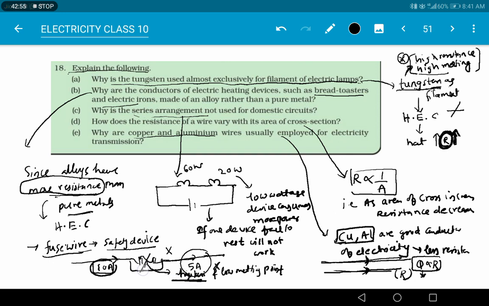And if it has a high melting point, it can stand the maximum current and never breaks. So to break it, it must have a low melting point. So generally we use a tin and lead combination as a fuse wire. Okay? So this is the advantage of the fuse wire.